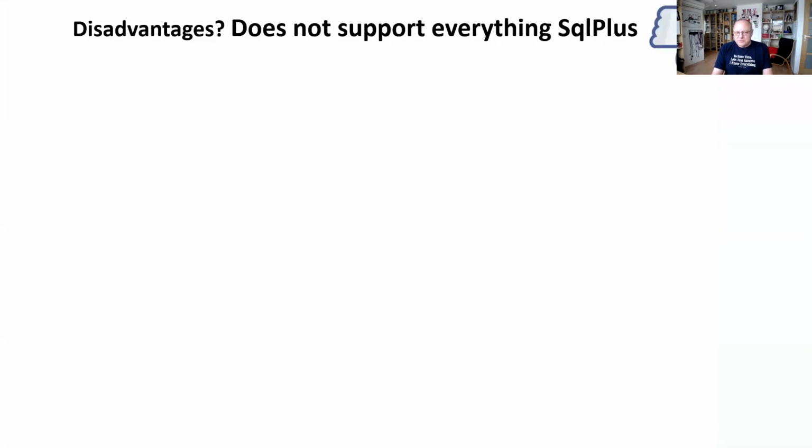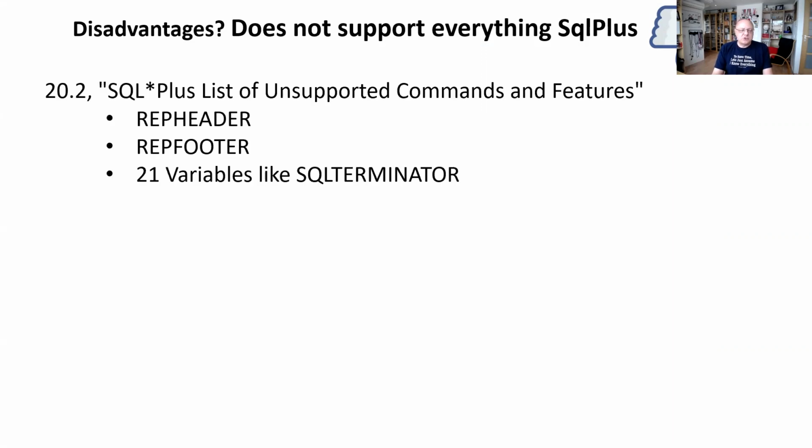Another disadvantage: it does not support everything that SQL*Plus does. If you look at the release notes, then this is what is not supported: rep header, rep footer, and a couple of variables like SQL terminator. Most of these things, in my entire career, I've never used them at all.